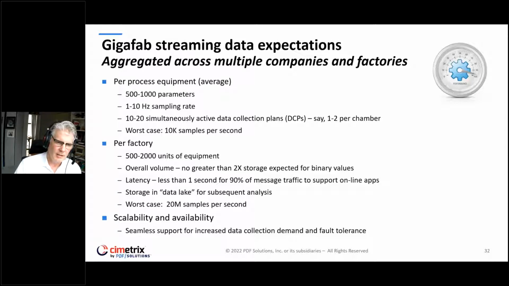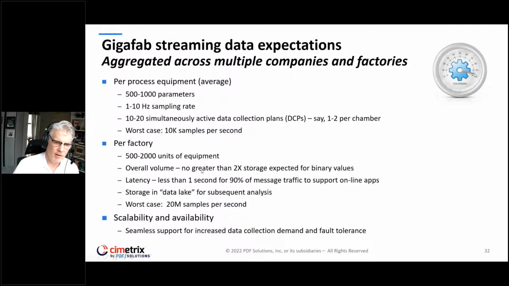You may have a dozen or more data collection plans. You may have consumers interested in OEE data, other consumers interested in FDC data, and many other apps out there, MES, SAP, other apps that are interested in data. And so the data stream coming out of a single tool is becoming quite large, 10K samples per second. And then if you look at it per factory, you've got hundreds, maybe thousands of these tools.